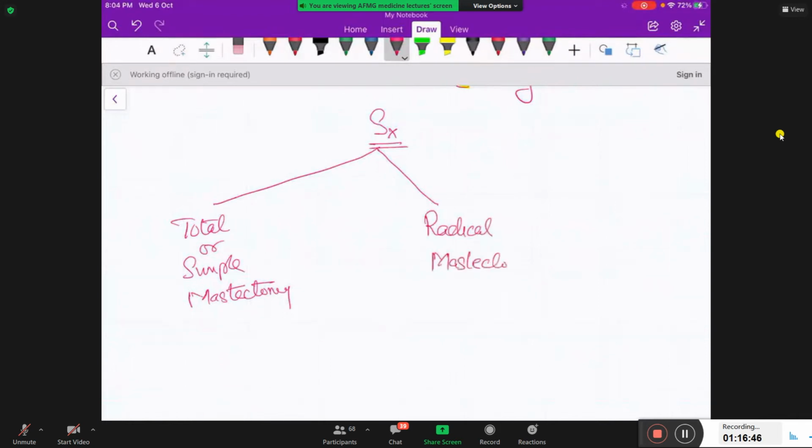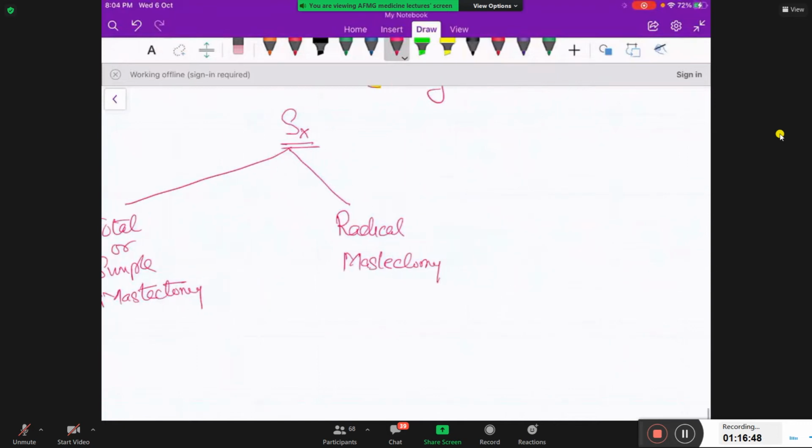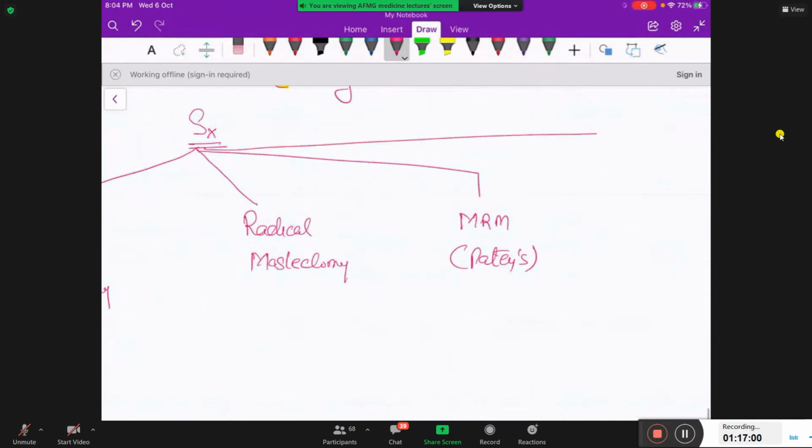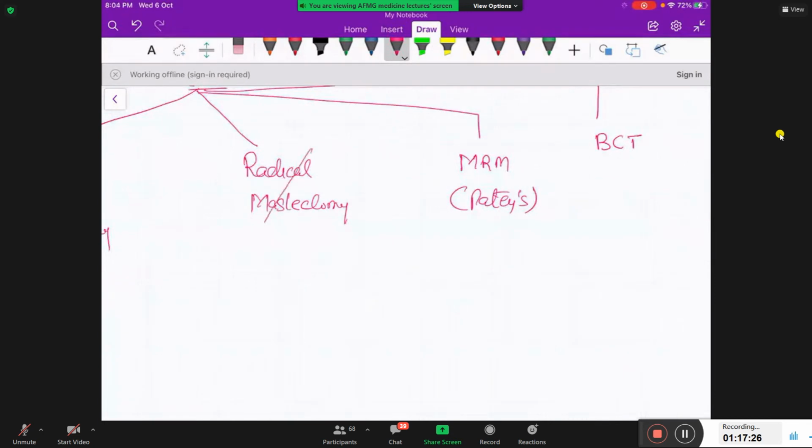What is another name of radical mastectomy? Halstead's mastectomy. Modified radical mastectomy. What is another name? Patey's mastectomy. And now we also have an option of BCT. What is BCT? Breast conservative treatment.